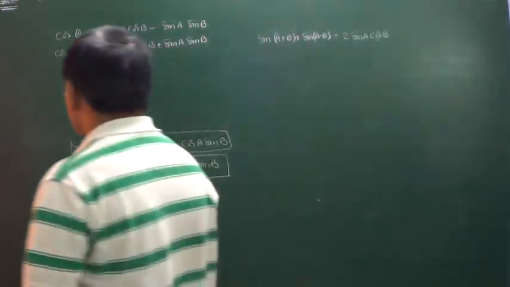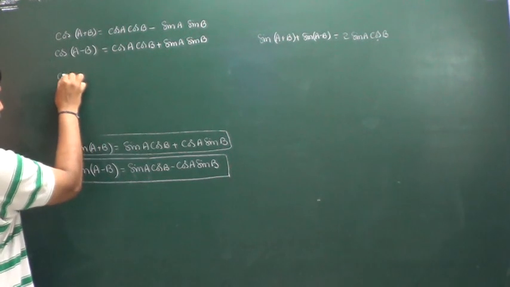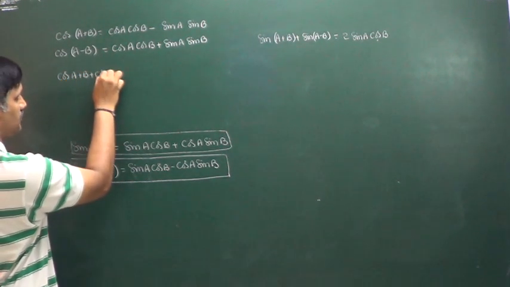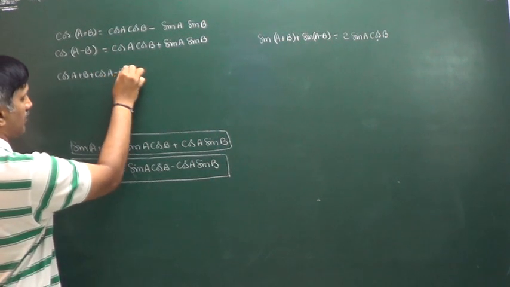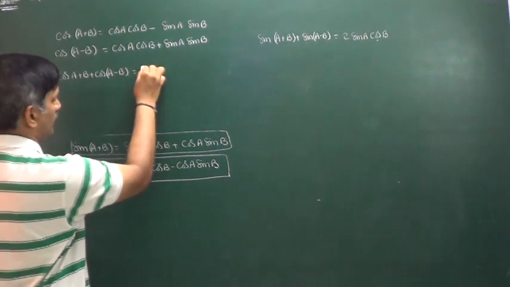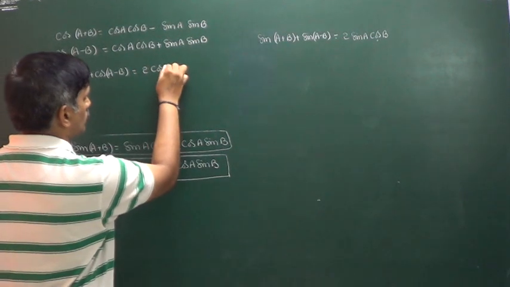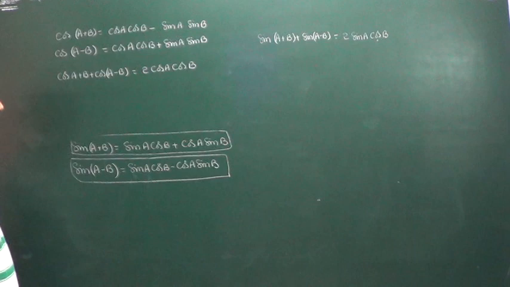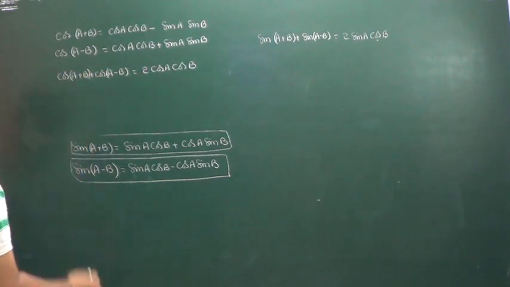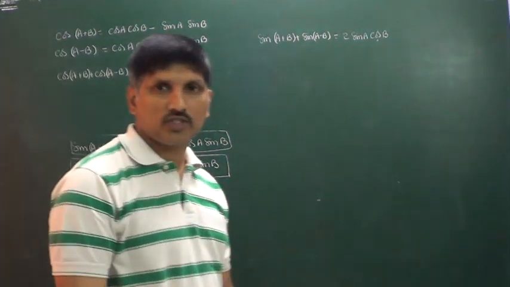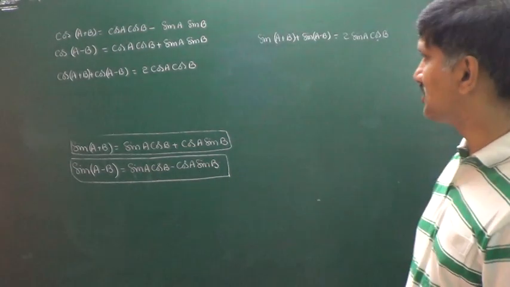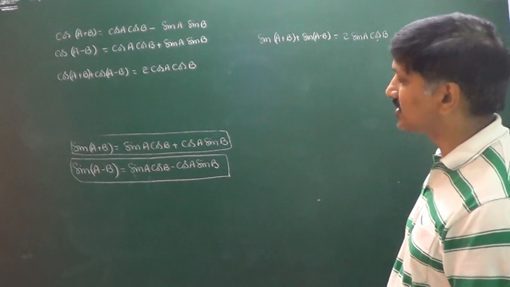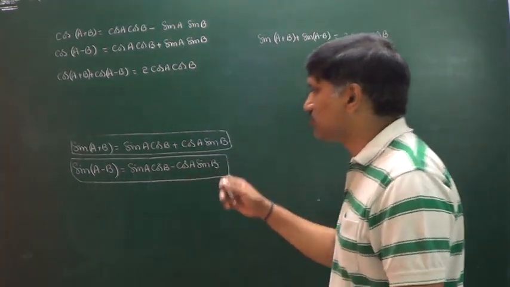At the same time, can you tell me what is the formula for cos A plus B plus cos A minus B? Cos A plus B plus cos A minus B is equal to 2 cos A cos B. Sin A plus B plus sin A minus B is equal to 2 sin A cos B. Okay, now subtract these two formulas.